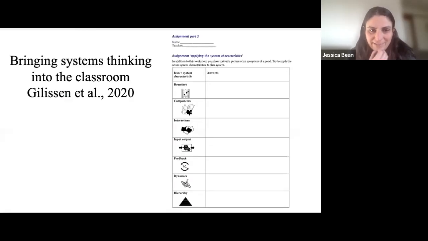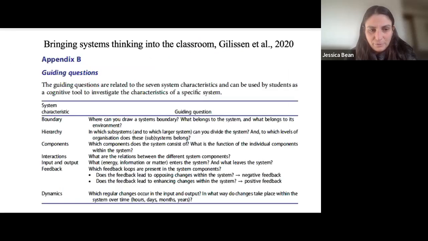And I also just want to point your attention to this paper that came out a couple years ago by Gillison et al., which really brings out this idea that to be explicit about systems thinking, to use systems thinking language with students, with learners, is actually really important, that we use words like thinking about boundaries and components and interactions, and that when you are intentional about it, when students are asked to think about these things, this is a worksheet that they actually provided in the research paper, which I thought was great, that students are much more likely to embrace systems thinking and use it and transfer it into new scenarios, to new examples.